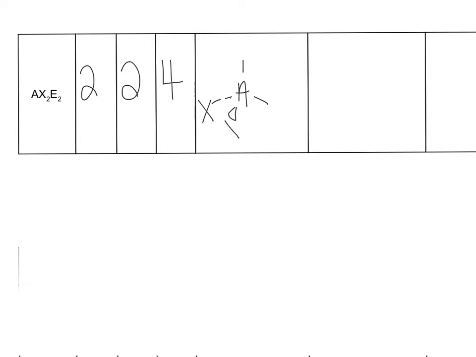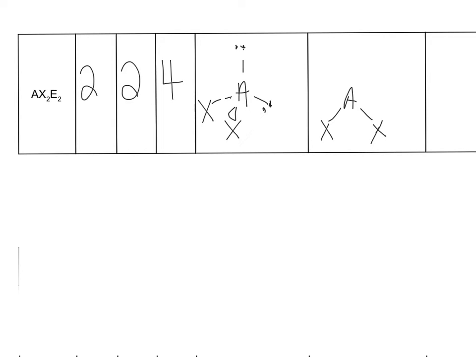I'm going to put my X's over here, my lone pairs over here. Don't forget they're 2 pairs. So if you look at the A and just the X's, we end up with a bent shape again.